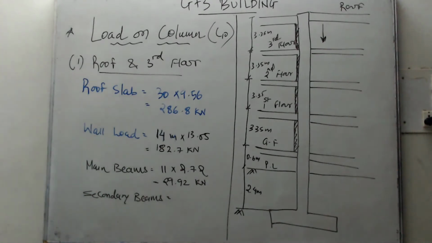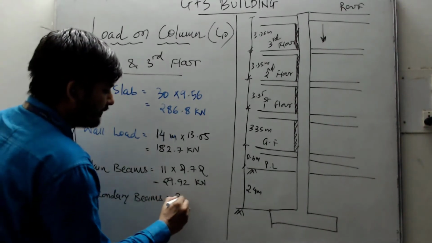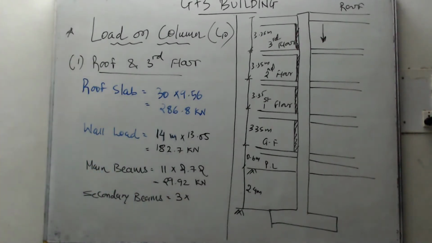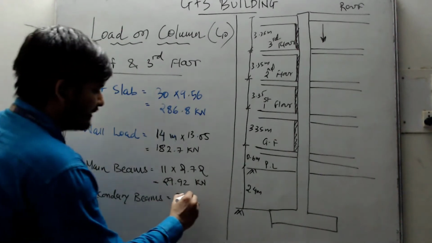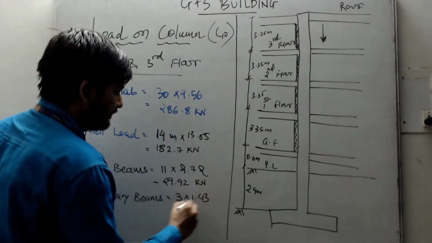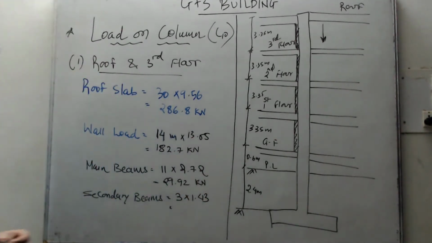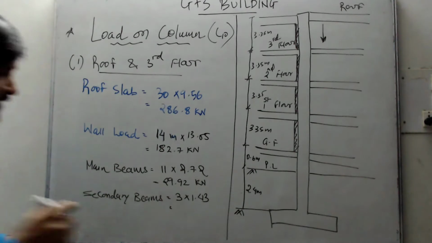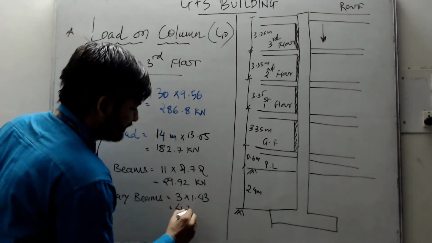We know the length of secondary beams, which is 3 meter, multiplied by the load of secondary beam 1.43. So 3 multiplied by 1.43, you will get 4.29 kilonewton.